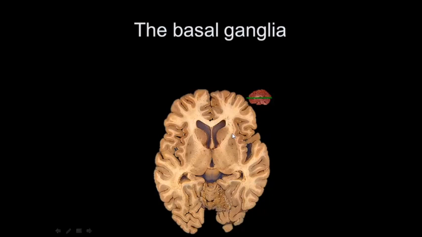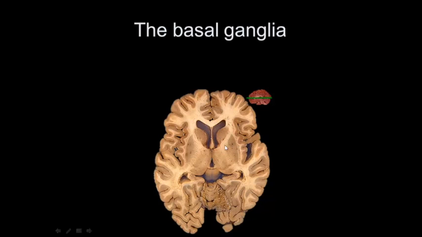It's not super clear, but it's kind of an L-shaped structure here, and this is the so-called internal capsule. It's made of axons, so it's fibers, and there is an anterior limb and a posterior limb. Once you identify this, you can identify a lot of structures, because the anterior limb separates the caudate nucleus from the lentiform nucleus.